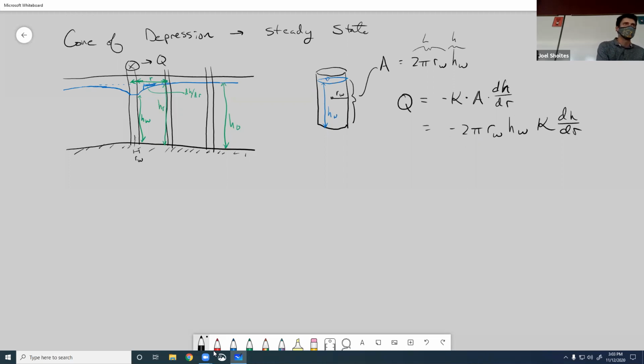So we'll do some integration, and then we'll end up with this cone of depression equation, which says Q is equal to pi times K, H minus HW squared, all over the natural log of R over RW.